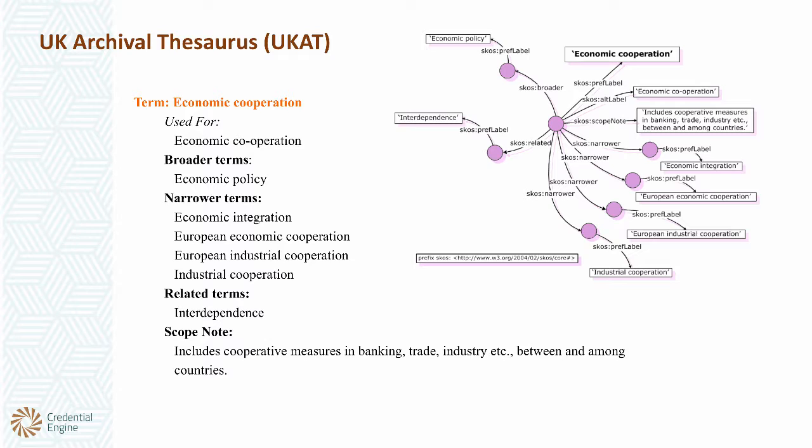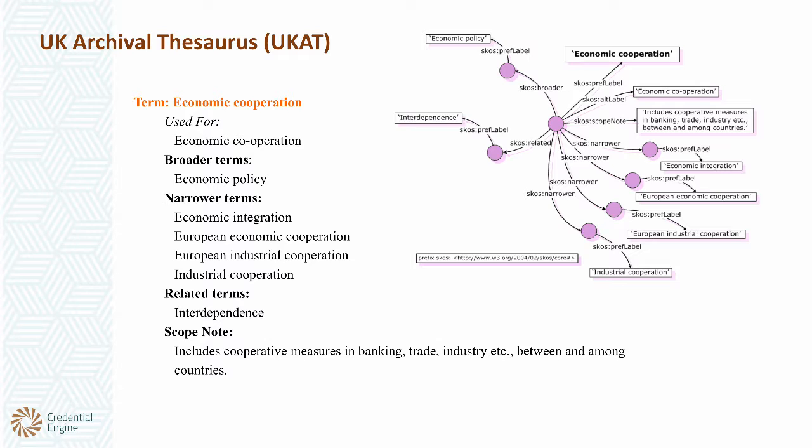Here is a brief example, and you can see some SKOS up in the diagram, up in the upper right. This is a node from the United Kingdom's Archival Thesaurus, UKAT. And the concept here is economic cooperation. And if you look up in the corner, you'll see the label highlighted, economic cooperation. So that little node that economic cooperation hangs off of is the concept economic cooperation.